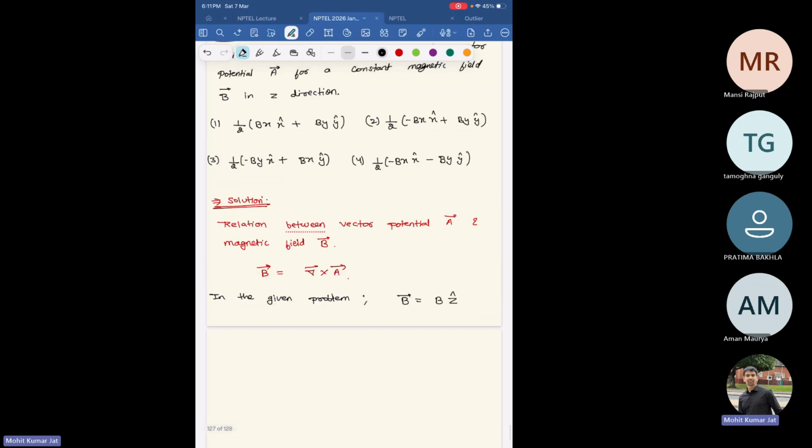Now we have four options, and we'll have to see for which one the curl of A gives B equals Bz cap.